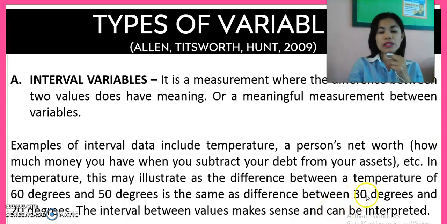The same with 30 degrees minus 20 degrees, that gives us 10 degrees. So the interval between values makes sense and can be interpreted. So that's when we say interval, the difference between two values. You have to remember that.